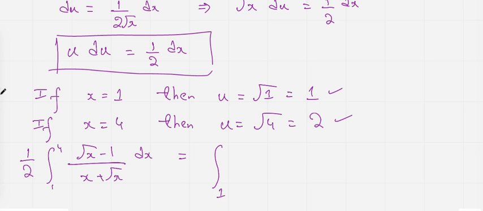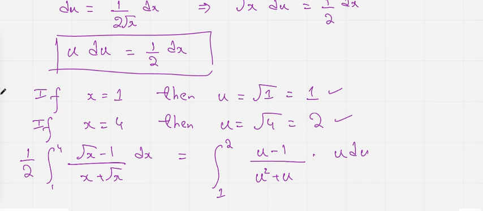If my x is 4, then my u is 2. And here I'm going to write u minus 1 upon u square plus u, times, at the place of my half dx, I will write u du, right?